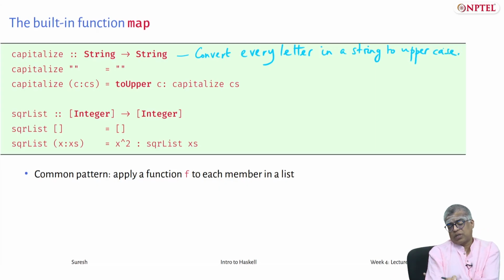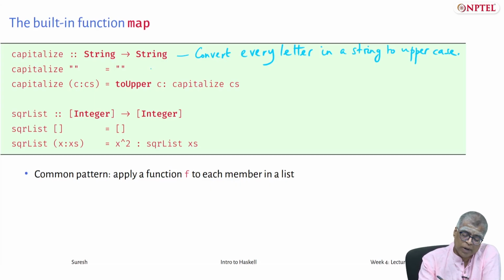And the pattern was this: capitalize of empty string is empty string, capitalize of c followed by cs is toUpper c followed by capitalize of cs. Okay, so this is the pattern.